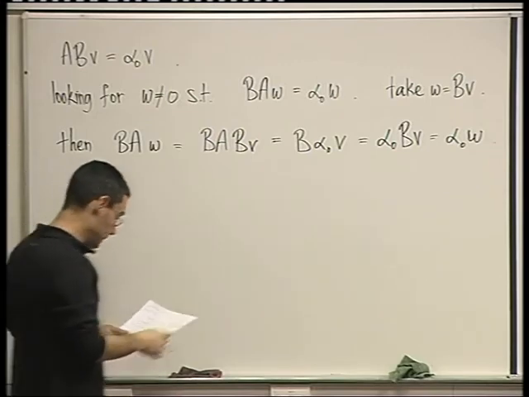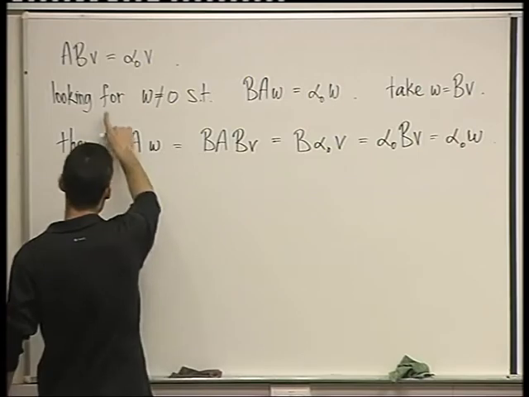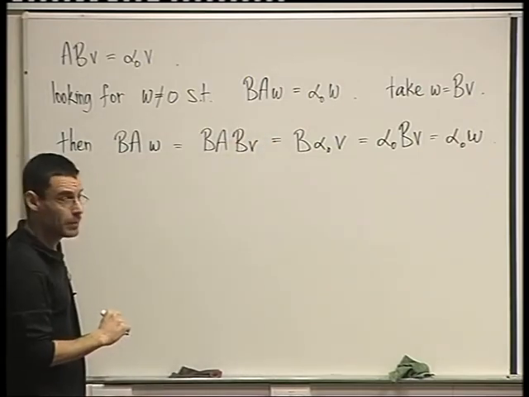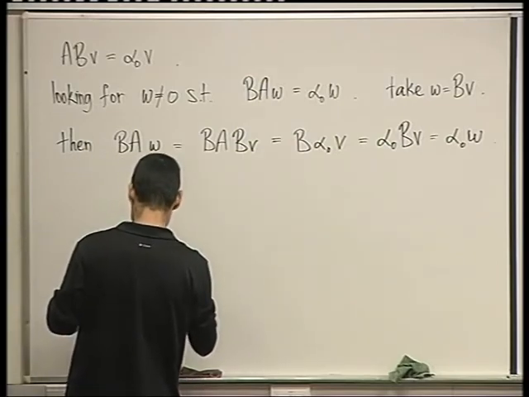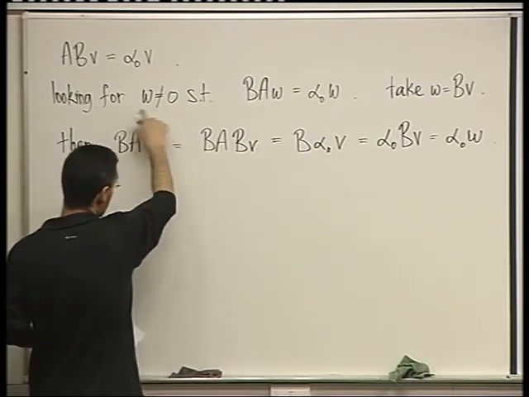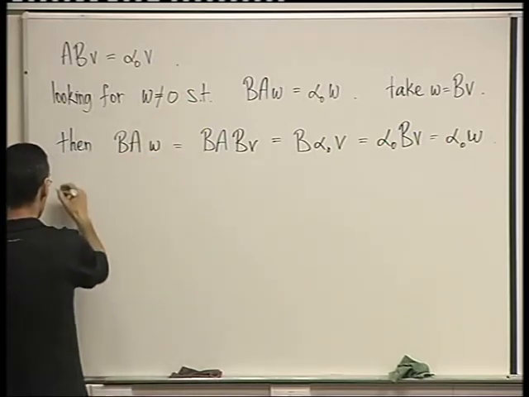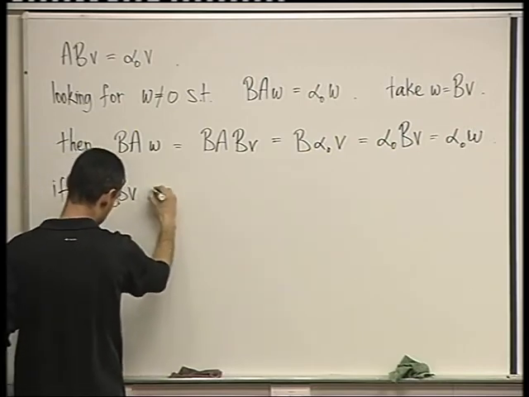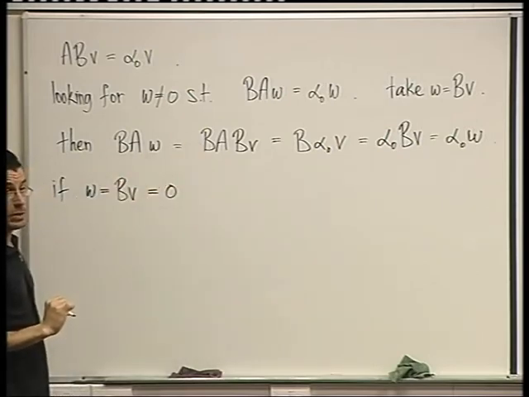So we're looking for W not 0 such that this holds. So we still need to show this. We didn't show that this W is indeed non-zero. So if W equals BV equals 0, W was BV. That's the W that we took.